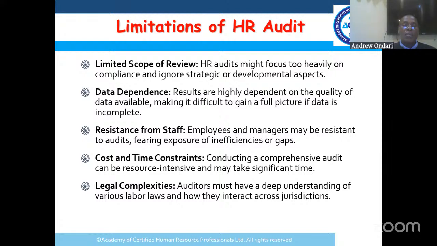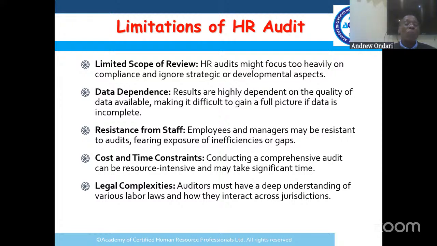So this becomes a challenge because the HR functions are ignored and the focus becomes on strategic alignment. This becomes biased because other areas are left unattended or unaudited.